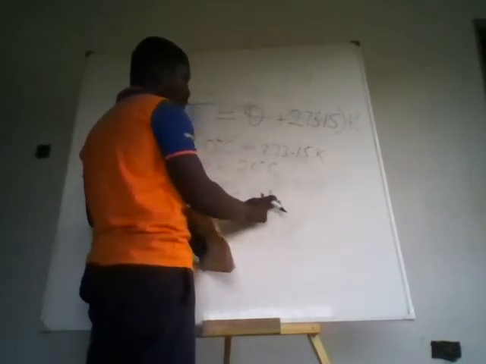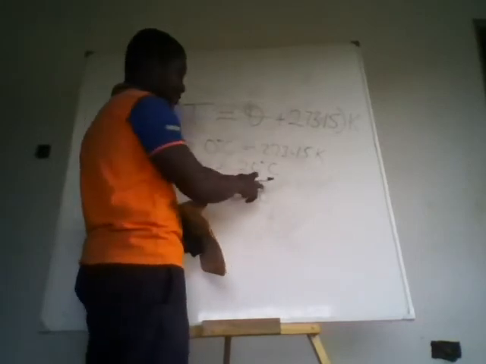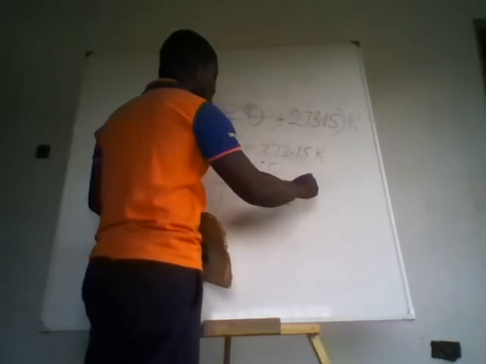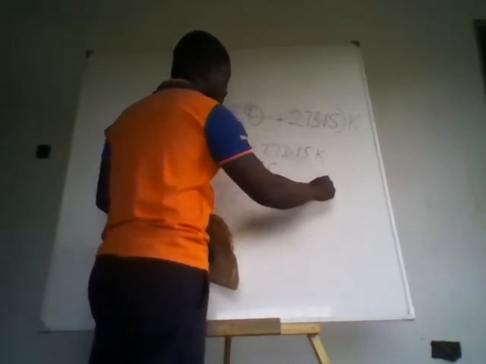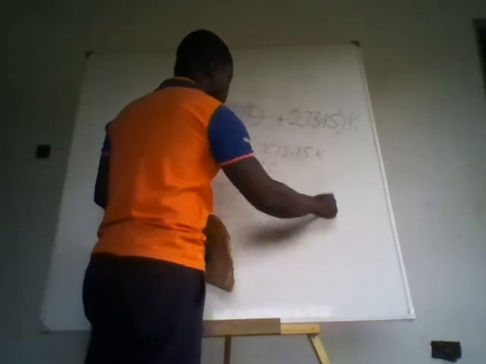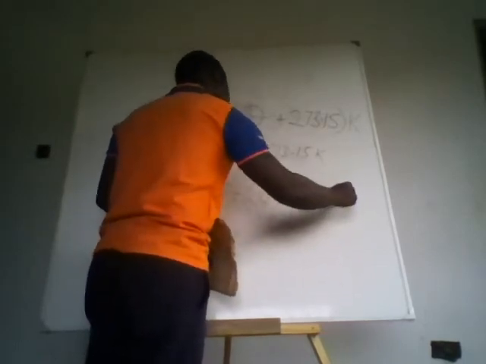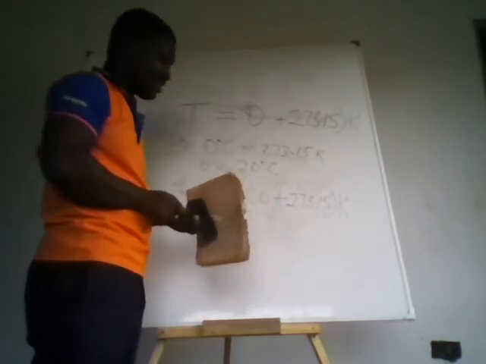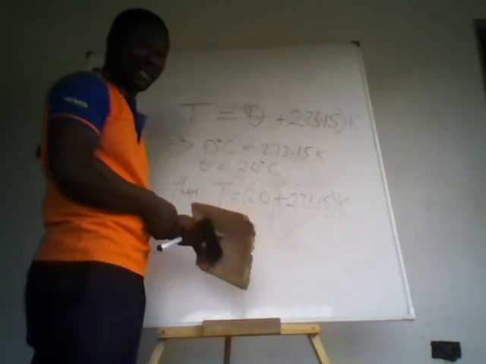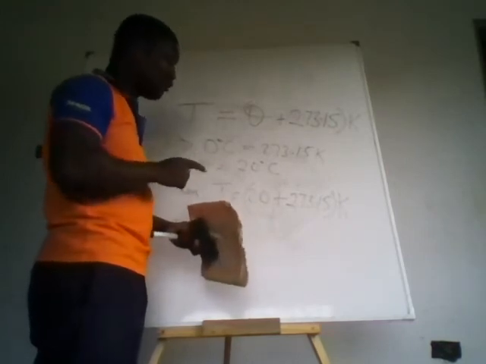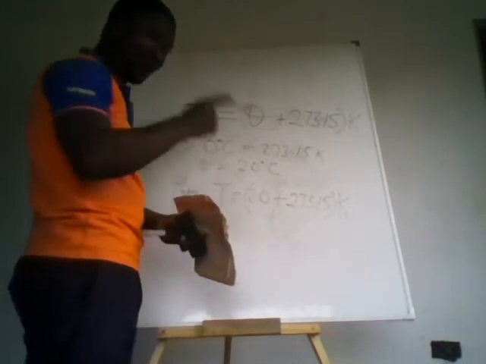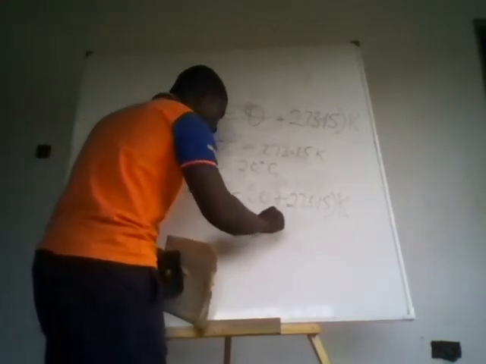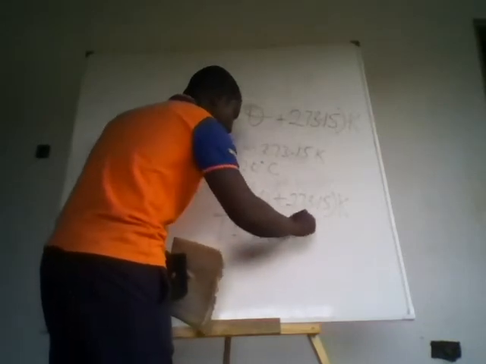But here we will not bring the degree Celsius, so 20, because we are adding to get Kelvin, plus 273.15, all in bracket K. And when you add, what did you get? I guess you agree with me that you had 293.15. Good, if you had it that way. So T is equal to 293.15 K.